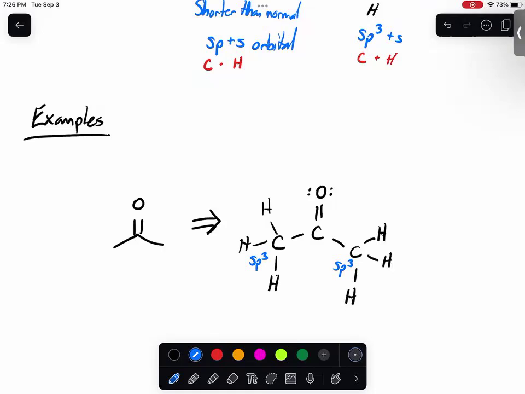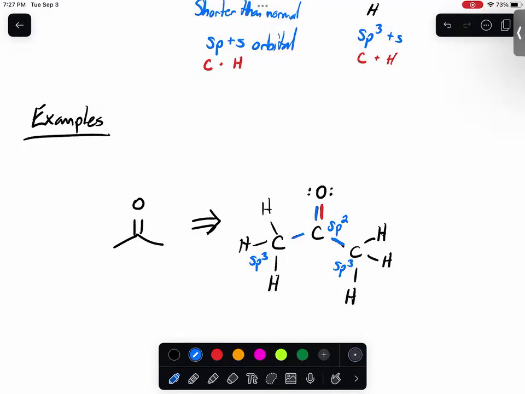It has sigma bonds that sit between it and the other carbons, and it has one sigma bond that sits between it and the oxygen, but then the other bond that sits between it and the oxygen must be a pi bond. It has to be made of a p orbital. And remember, it's because orbitals cannot be in the exact same space as one another. So that means that this one in the middle must have one p orbital, which means it is sp2 hybridized.